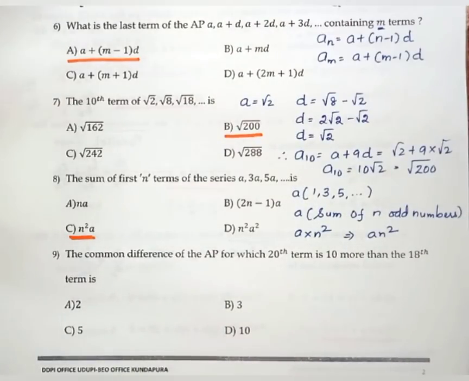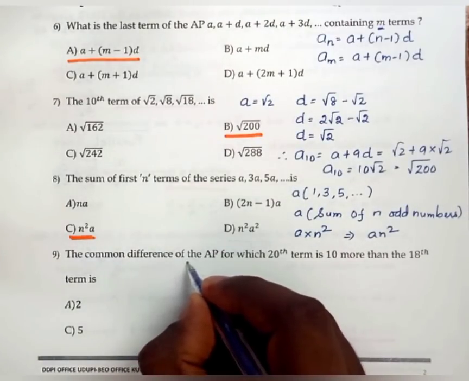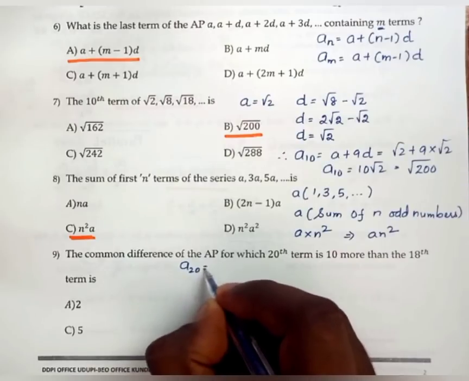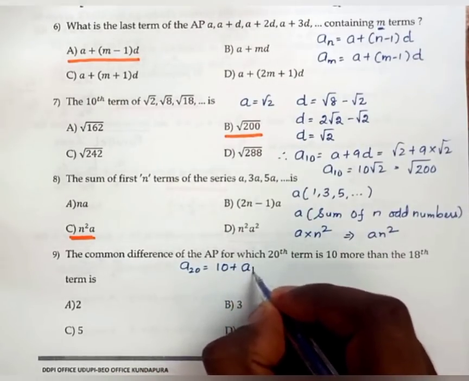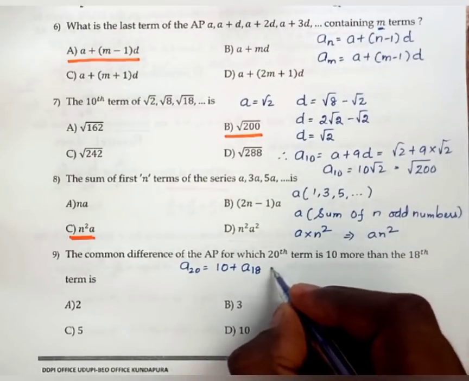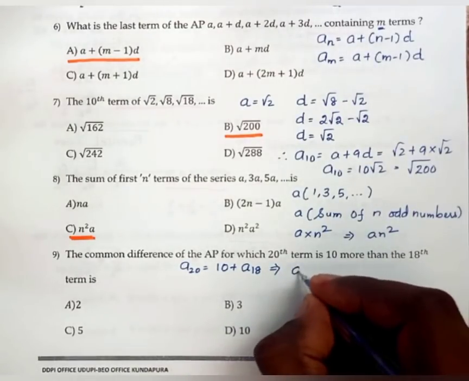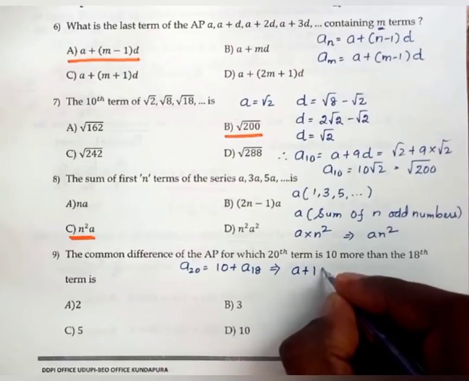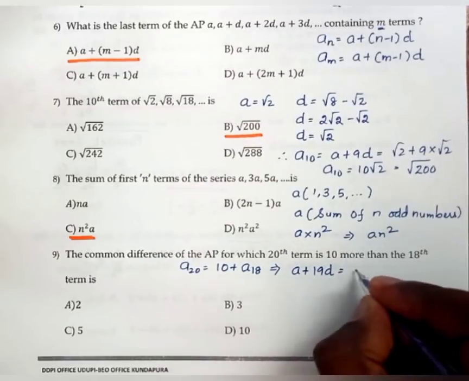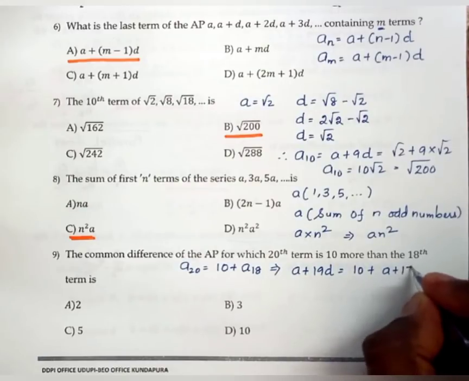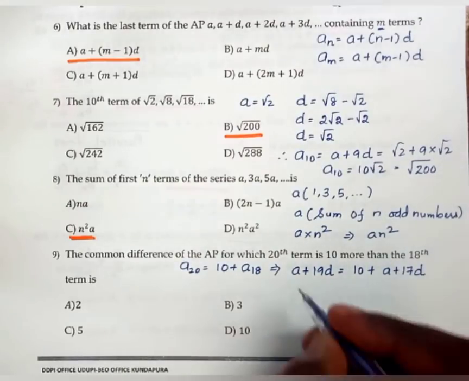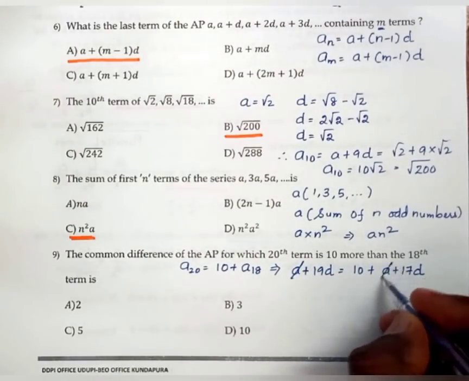Express the given statement in equation form, that is, the 20th term A20 equals 10 more than the 18th term, that is 10 plus A18. Now what is A20? A20 equals a plus 19d, which is equal to 10 plus, what is A18? a plus 17d. Now on both LHS and RHS, a and a cancel out.